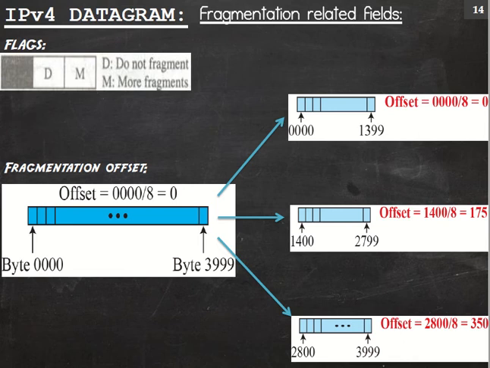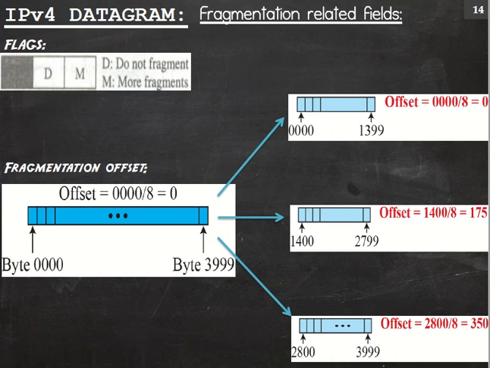The combination of the identification and the source IP address is a unique ID that defines a datagram when it leaves the host.